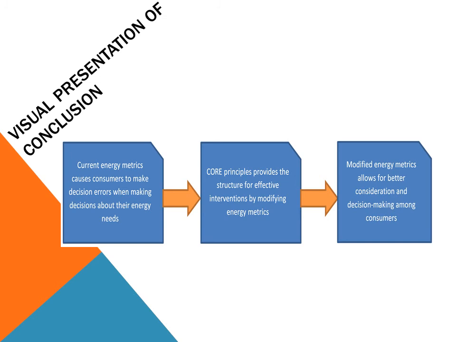The core principles provide the kind of structure that is needed for effective interventions to develop modified energy metrics. These energy metrics are based on the core principles to help customers make better decisions when it comes to their energy needs.